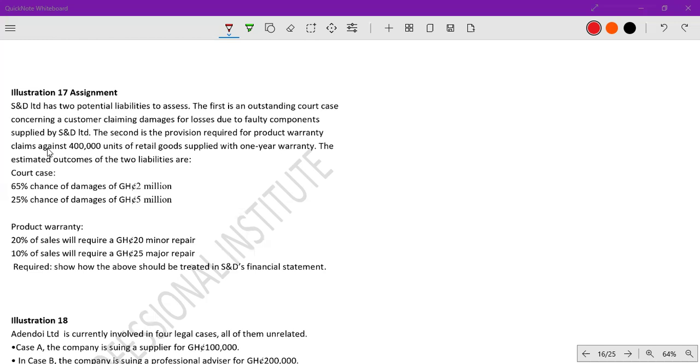Product warranty, 20% of sales will require a 20 Ghana cedi minor repair, 10% of sales will require a 25 major repair. So the provision for the court case must be the best estimate. You are to do it.